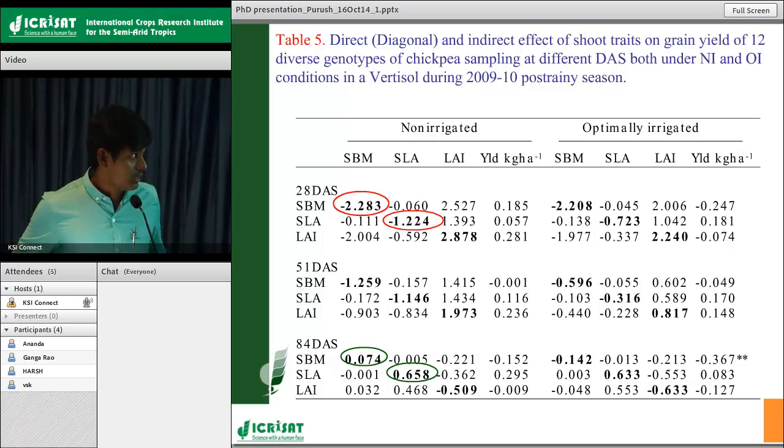It showed a direct effect with shoot biomass itself at the reproductive stage, but the leaf area index, which earlier showed a positive correlation as well as a higher direct effect on grain yield, turns negative at the reproductive stage and causes a negative correlation with the yield.